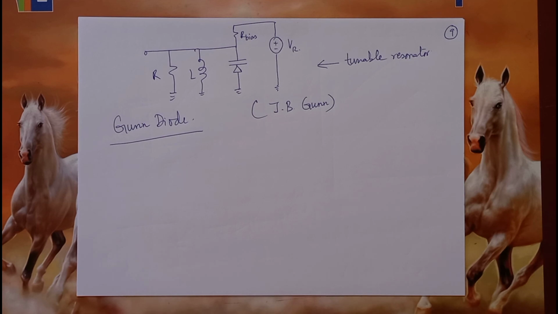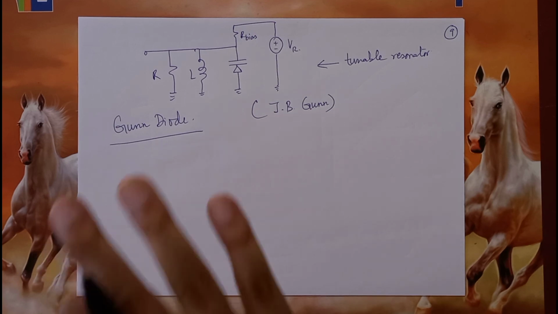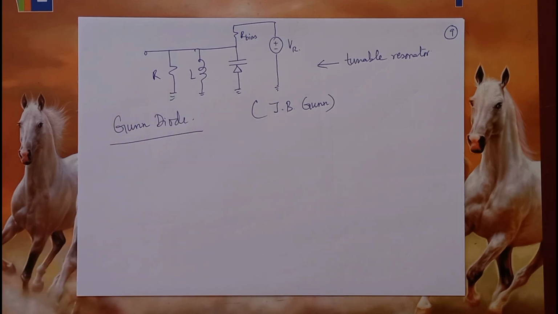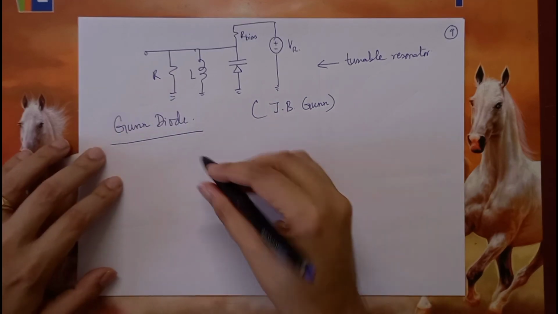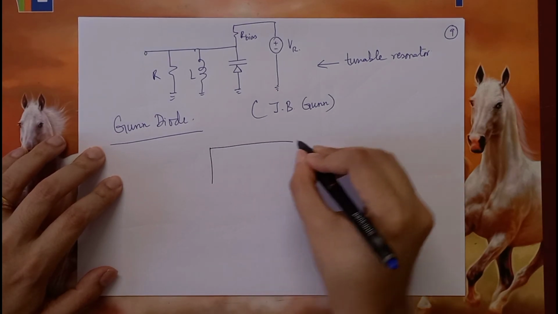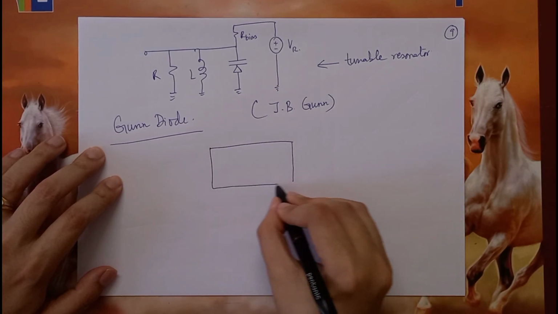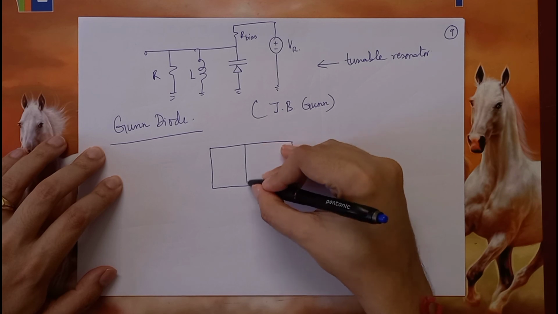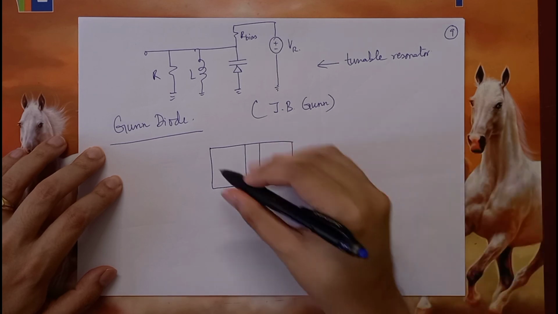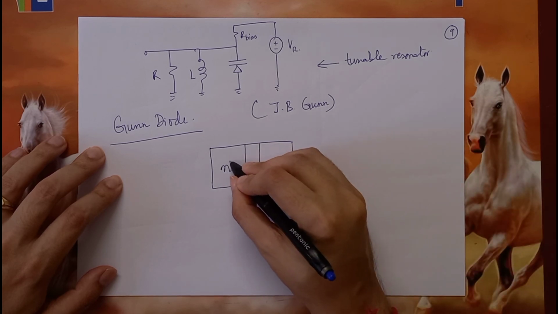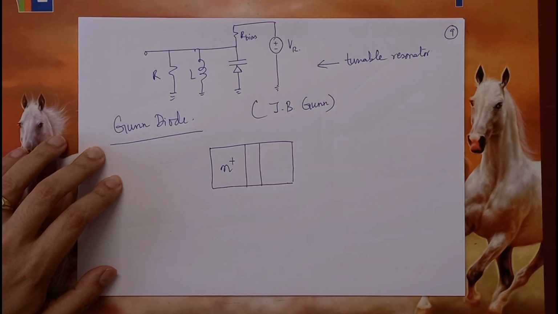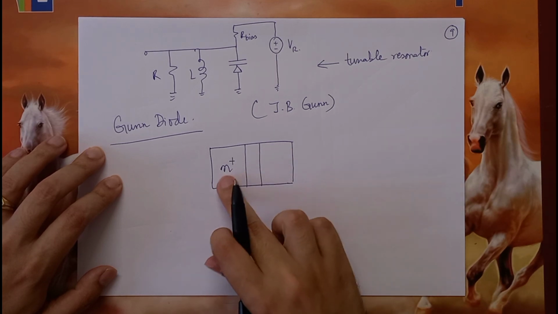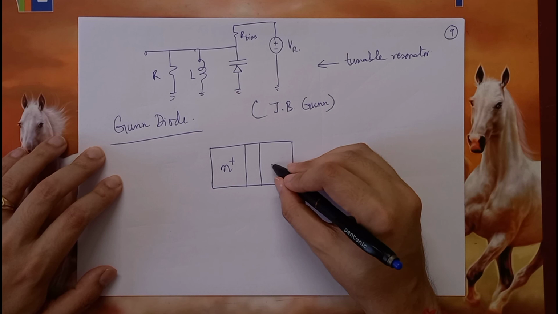All the diodes that we have seen so far are some combinations of P and N, or metal and N, something like that. But the Gunn diode is not exactly a diode. So what it looks like is this. It has 3 layers. This layer is N+, which means it is heavily doped with N-type carriers.